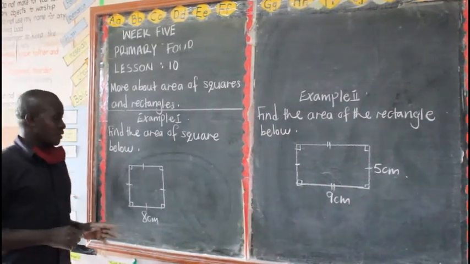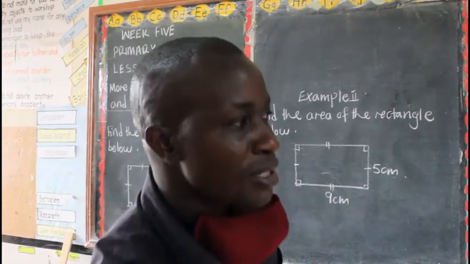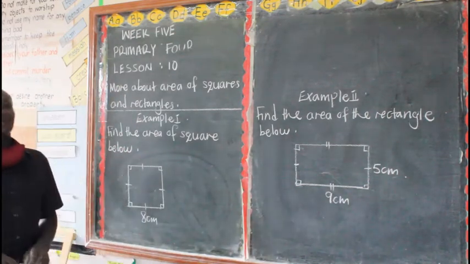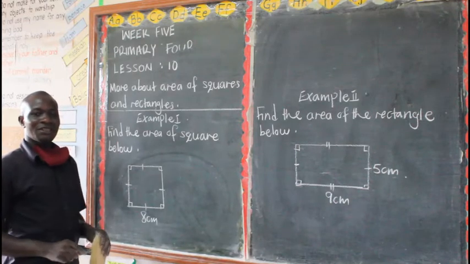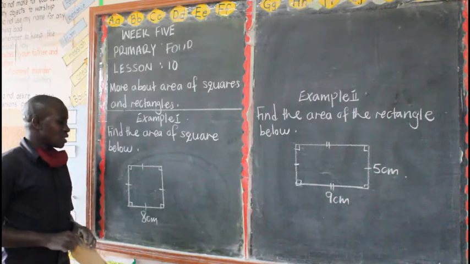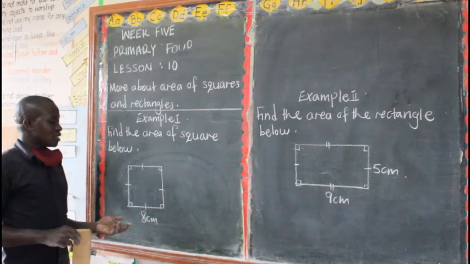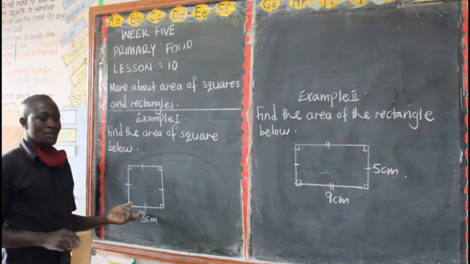This is the square. In the previous lesson, we have been seeing squares which have small squares inside them. But here, we have not indicated those small squares inside this big square. In the previous lesson, we were counting the number of squares in the big square.